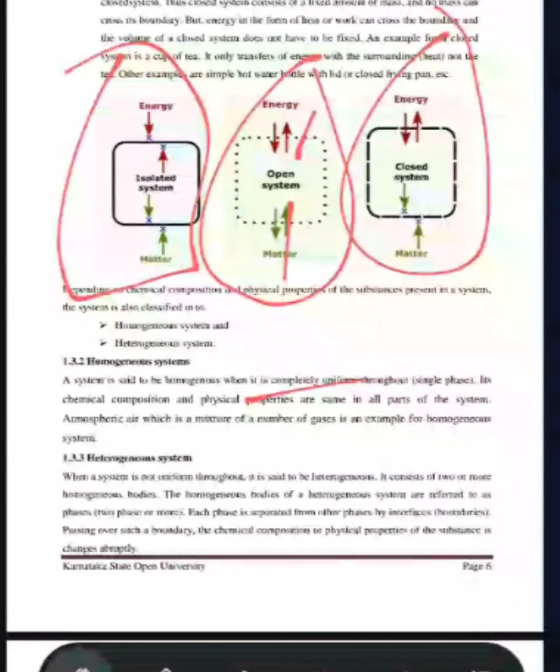So next, state functions are state properties. For example, a reaction is taking place, and whatever energy is released, whatever pressure is created, whether the volume increased or decreased, the temperature increased or decreased, we can study inside the system.